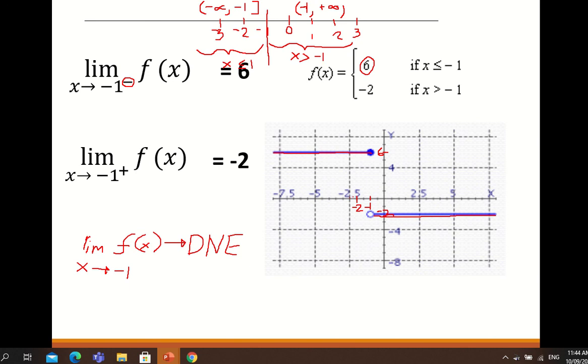So that's the one-sided limit coming from the right and also coming from the left.